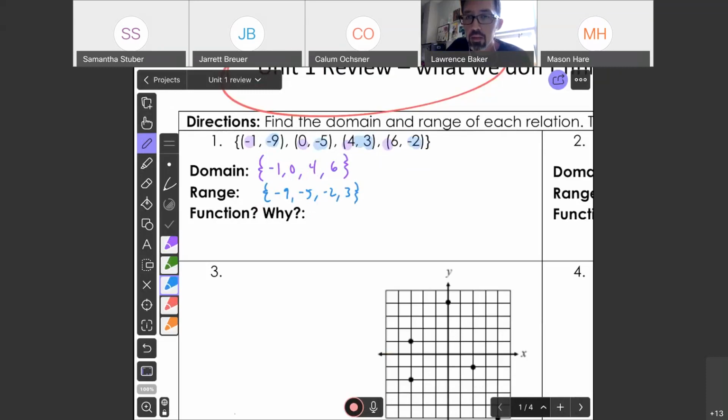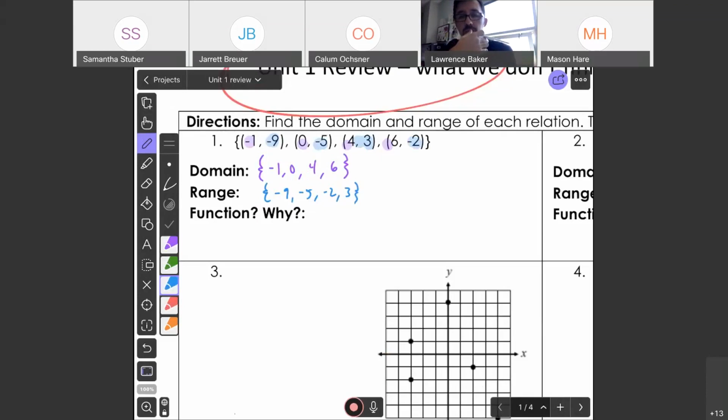All right, so June's saying all the x's have different y's. That's not actually why it's yes, June. None of the x's are the same number, so they wouldn't cross. Kind of. It's like when you're doing the vertical line test and you have the 2 points on number 3 that are right on top of each other.